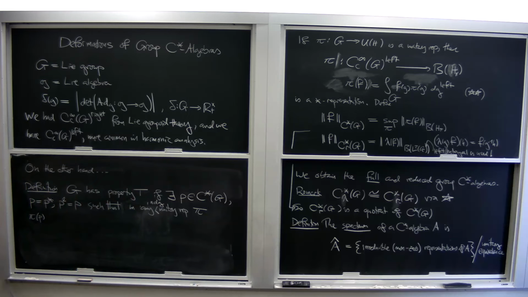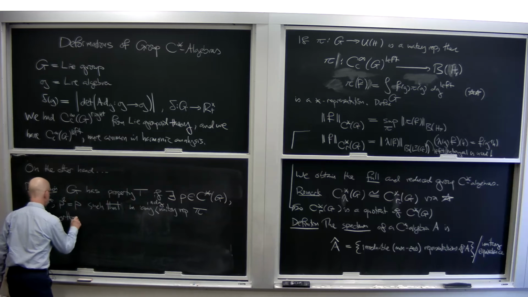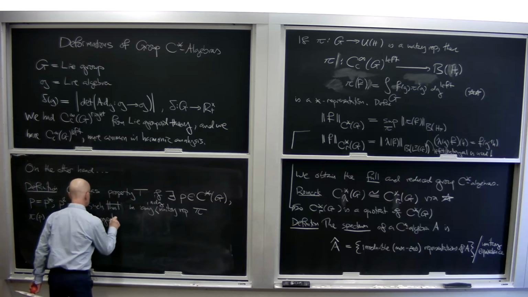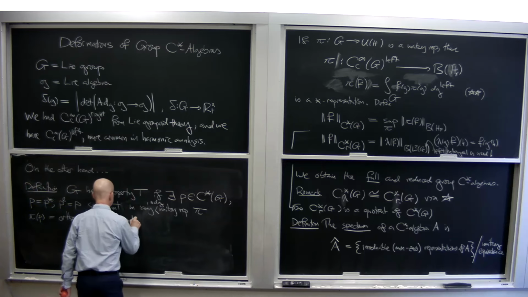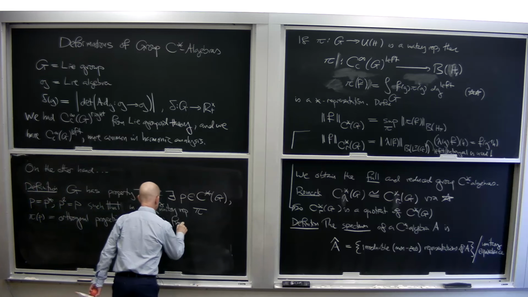Pi of P squared is P. And this operator is the orthogonal projection onto the pi of G fixed vectors in H.